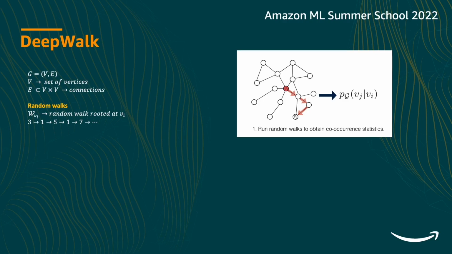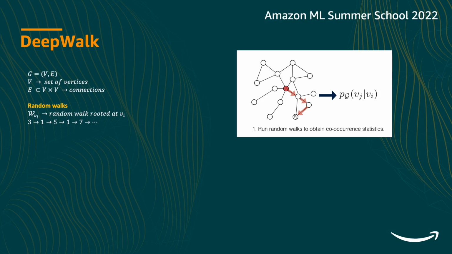Okay, so what we want to do is something similar to what we did for text. We want to associate a vector to each one of these nodes of the graph. DeepWalk is one of the initial approaches for neural node embeddings. It is an unsupervised method which learns node features that capture the graph structure.